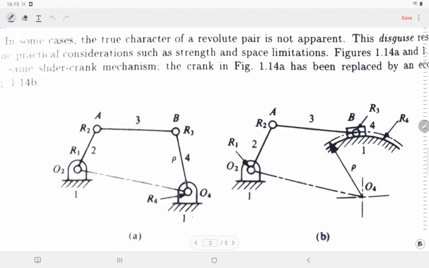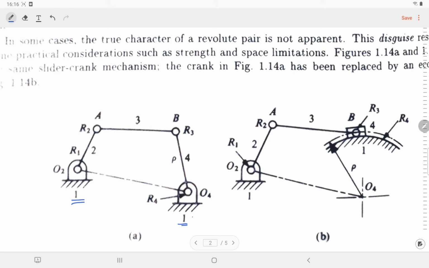Then what we are going to discuss is this mechanism where link 1 has been fixed, and you will be wondering, here also it's a fixed link which is 1, and here is a fixed link. Can't it be a different link?